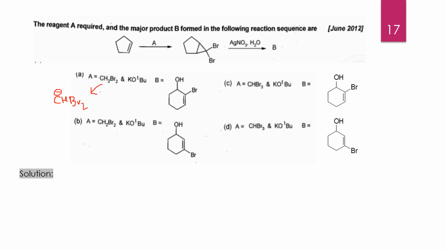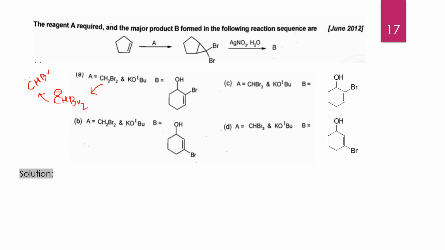And after alpha elimination we'll get this carbon, CHBr. There's one bromine that will eliminate, one bromine will eliminate, CHBr.